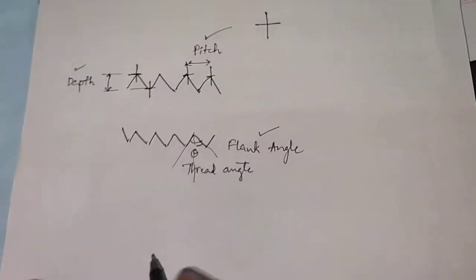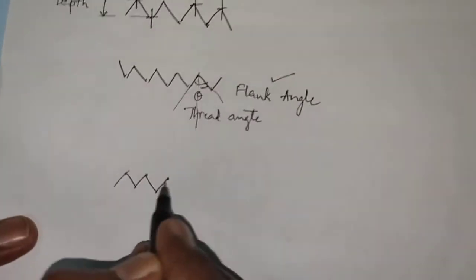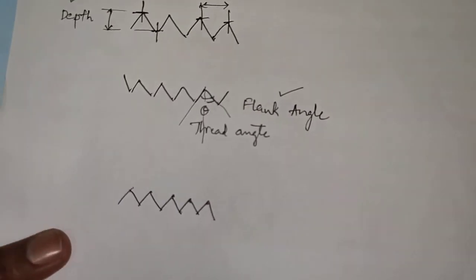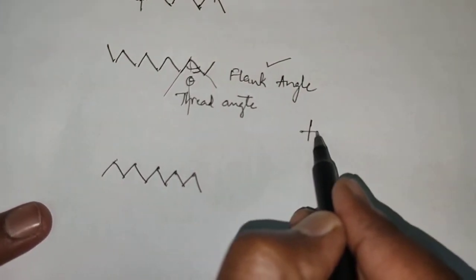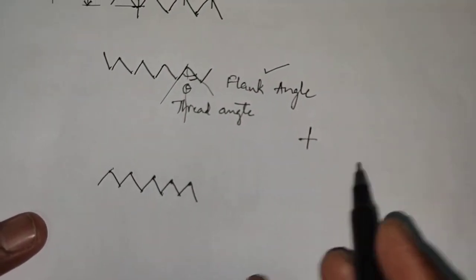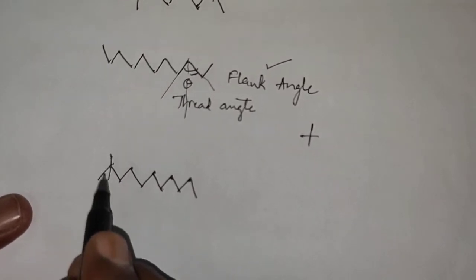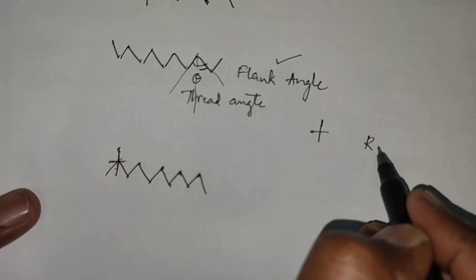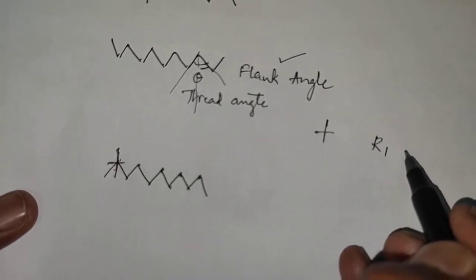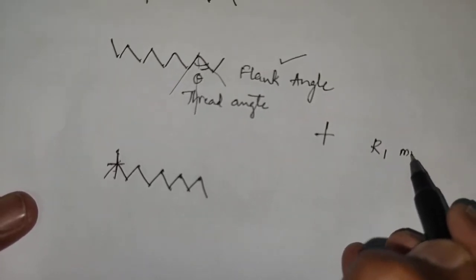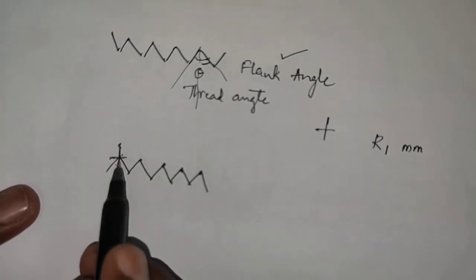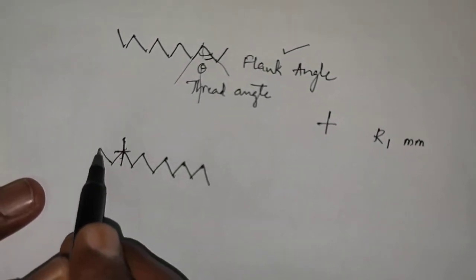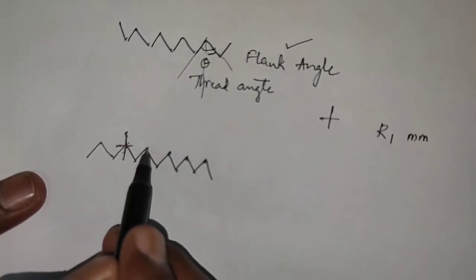So when you watch or see it through the eyepiece, you will see the pointer like this through the eyepiece. So that pointer has to be kept exactly on this point, and then measure R1 with the help of the micrometer in mm, and then you have to move it either this side or this side.